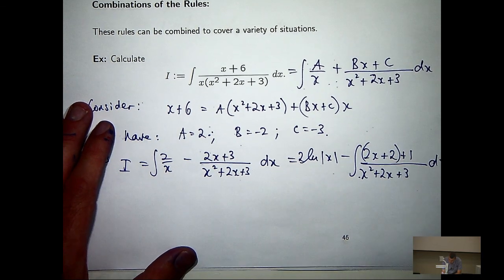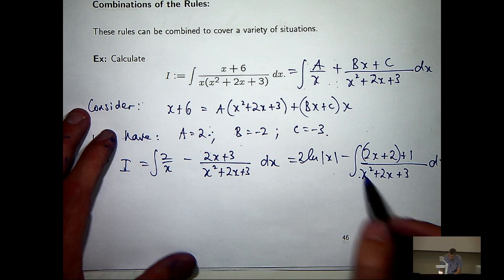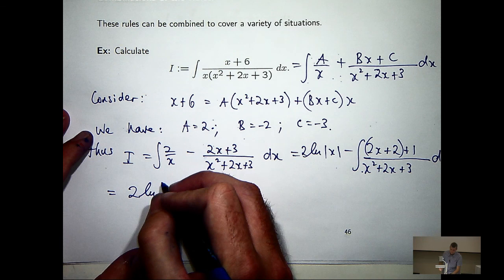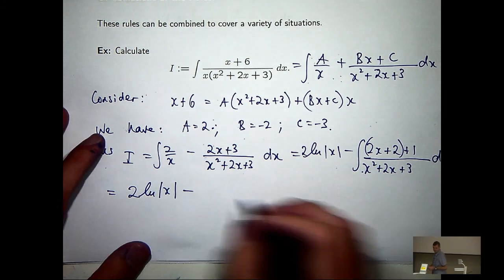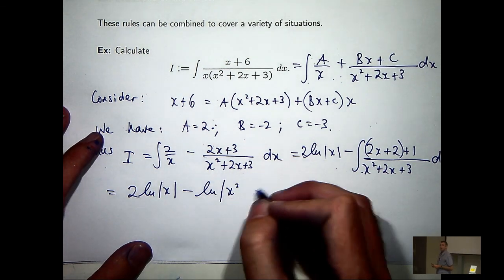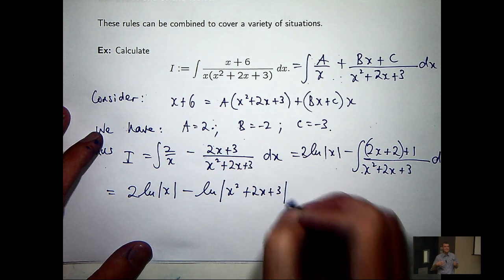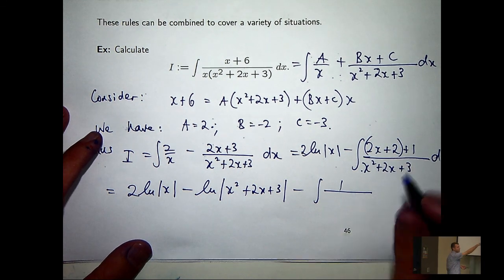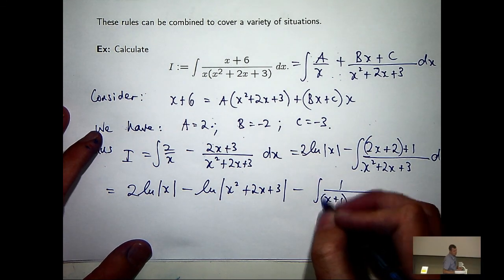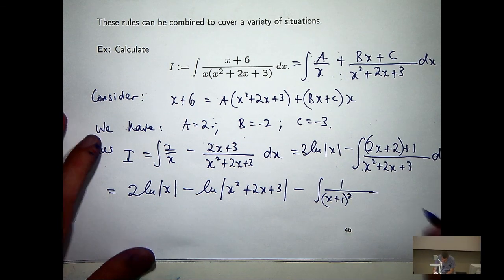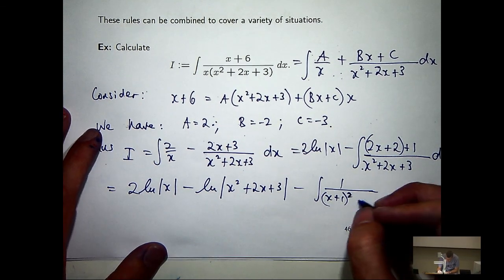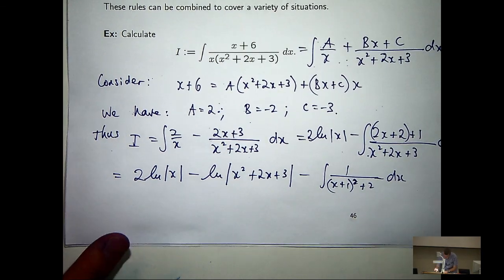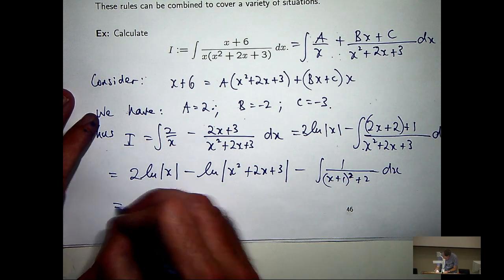If I break that up and complete the square down here, I'm going to get something like the following. Okay, complete the square down here. I'm going to get x plus 1 all squared plus 2. Okay, so all I need to do now is do the final integral.